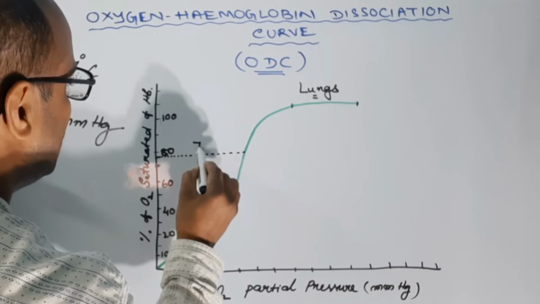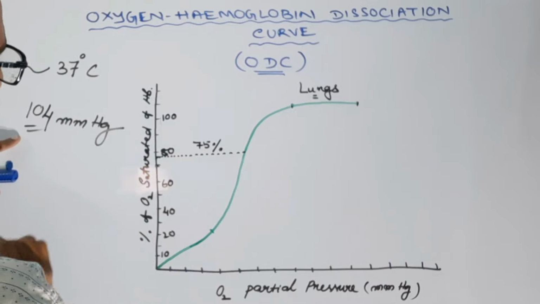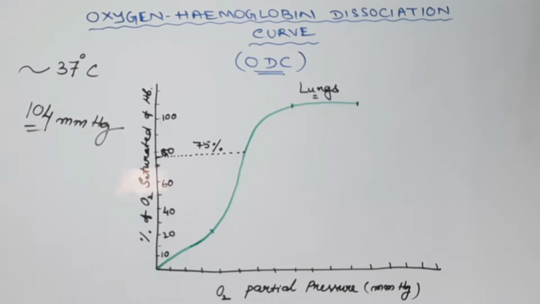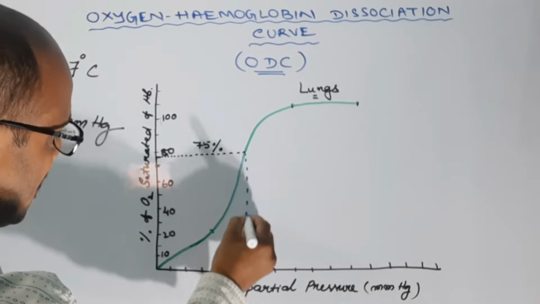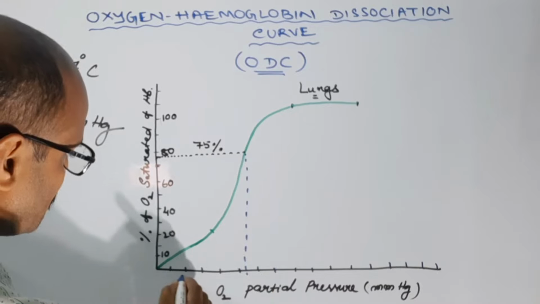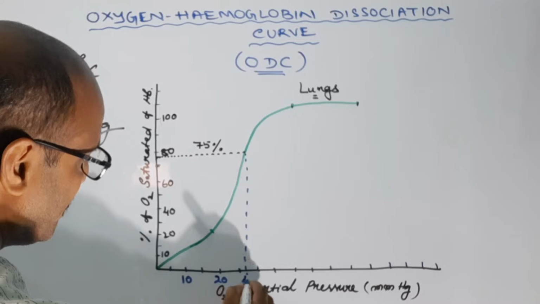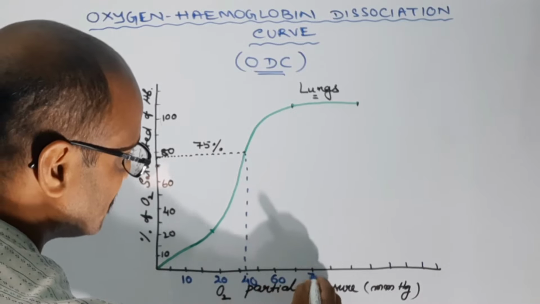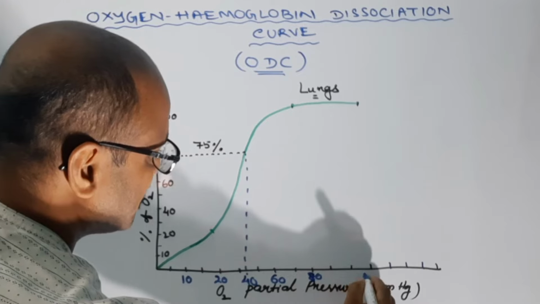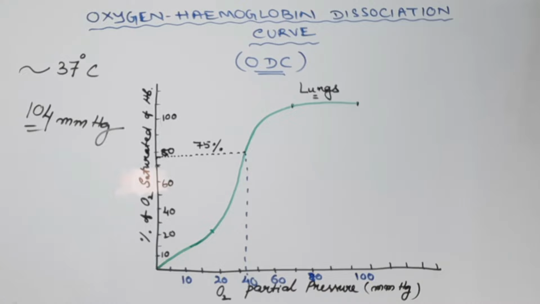Suppose 75% saturation of oxygen is found at a certain level of partial pressure.